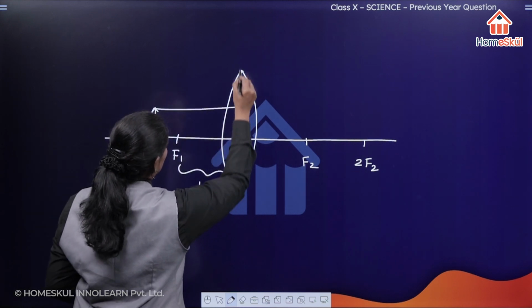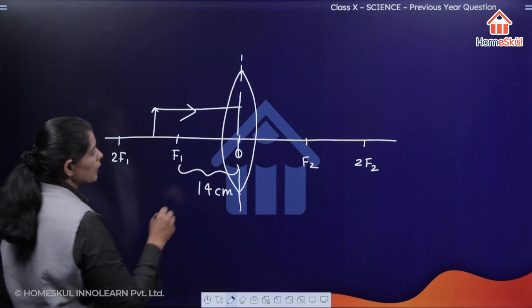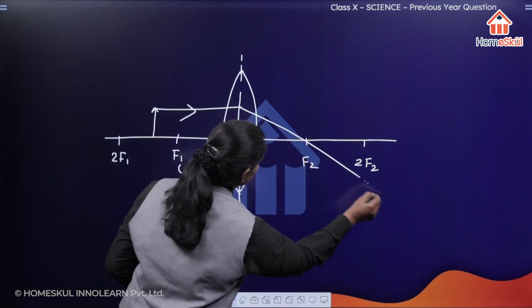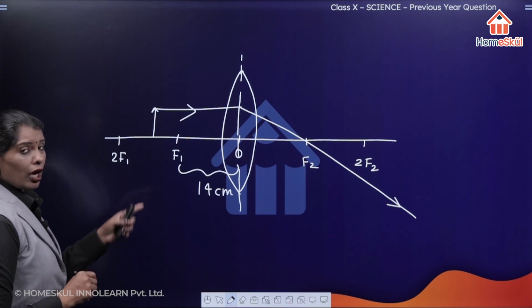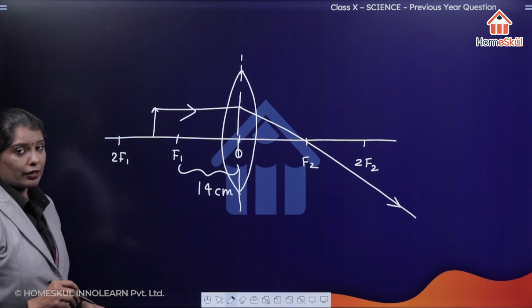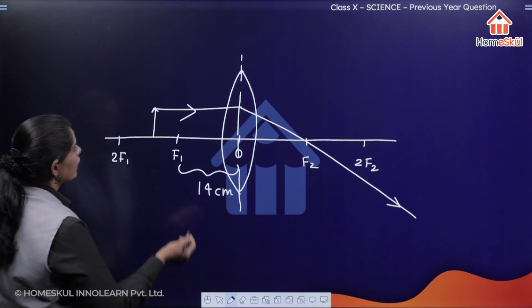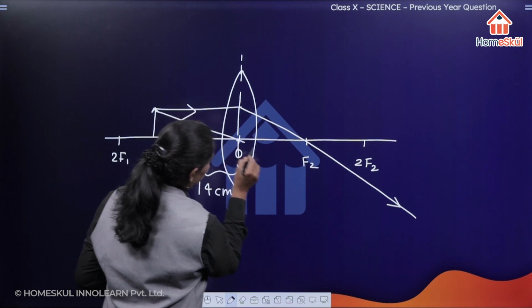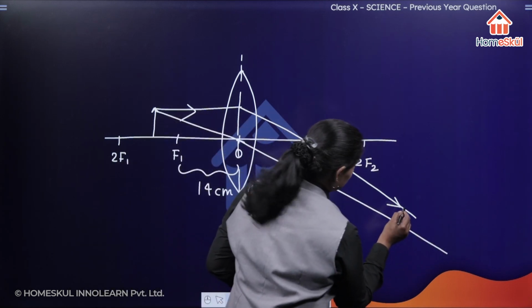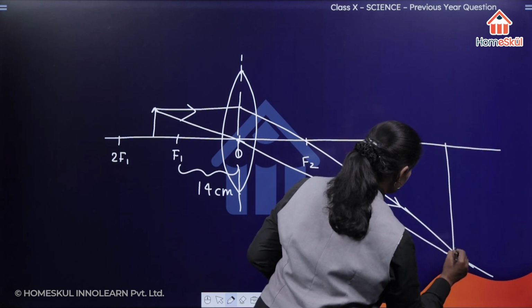The first ray, parallel to the principal axis, passes through the focus, right? Now, when the object is between F1 and 2F1, where should we get the image? It should be beyond 2F2, right? So, the second ray we are taking passes through the optic center and it will meet somewhere here, right?